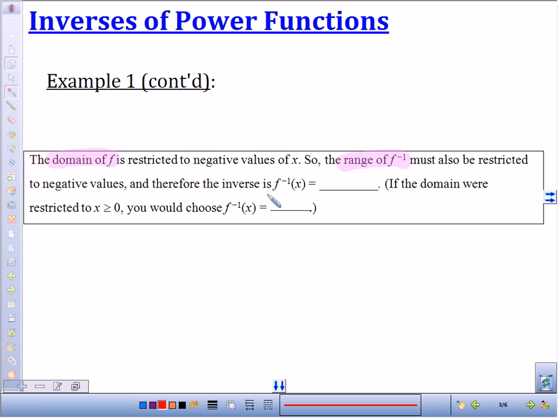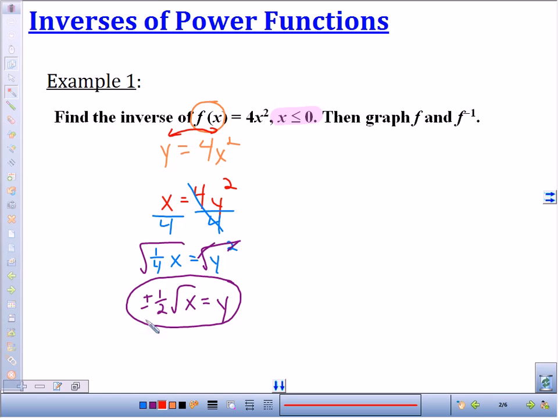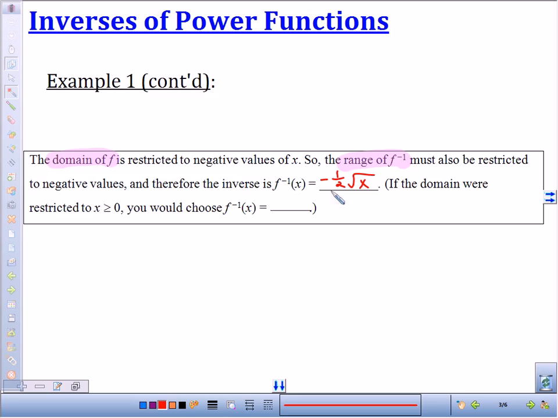Therefore, the inverse is f to the negative first of x equals negative 1/2 square root of x. So that plus or minus that we had in our problem here, that plus or minus, became just minus. The reason being that the range has to be negative.